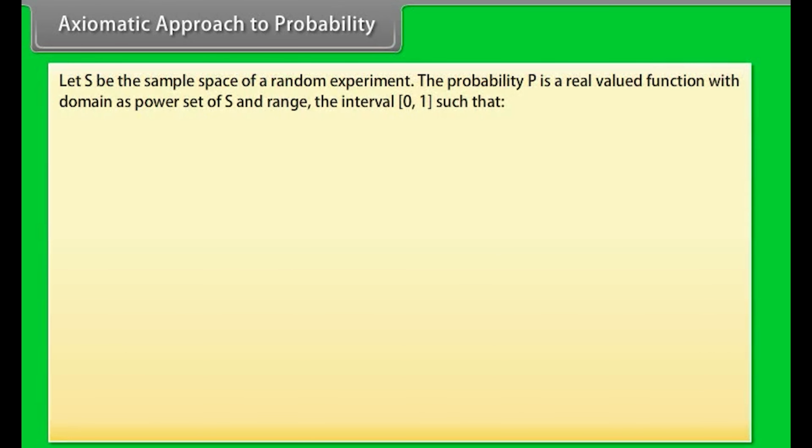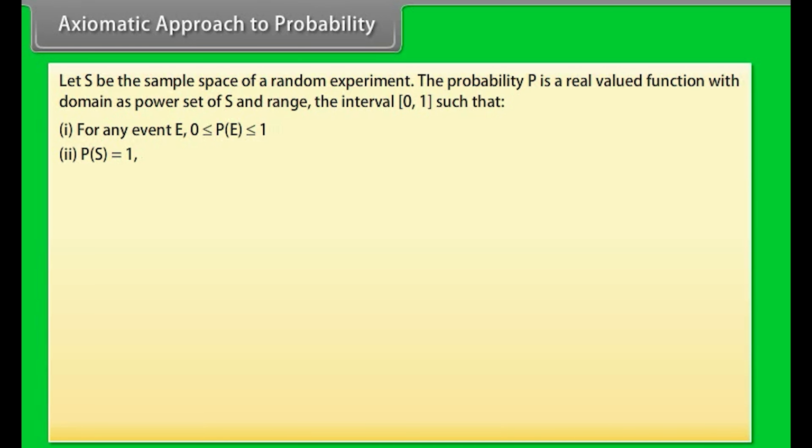Axiomatic approach to probability. Let S be the sample space of a random experiment. The probability P is a real valued function with domain as power set of S and range the interval 0, 1, such that 1. For any event E, 0 is less than or equal to P(E) is less than or equal to 1. 2. P(S) is equal to 1.